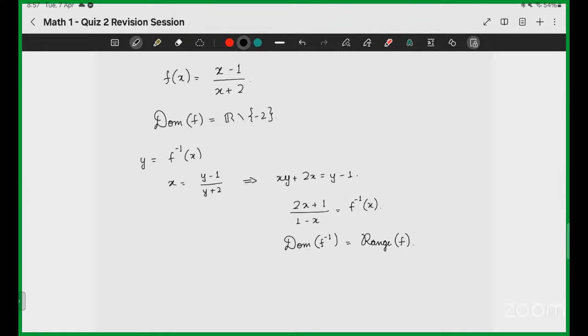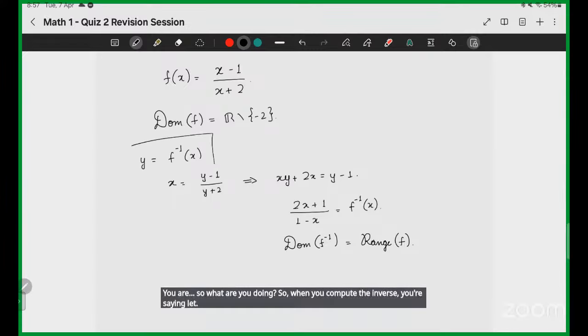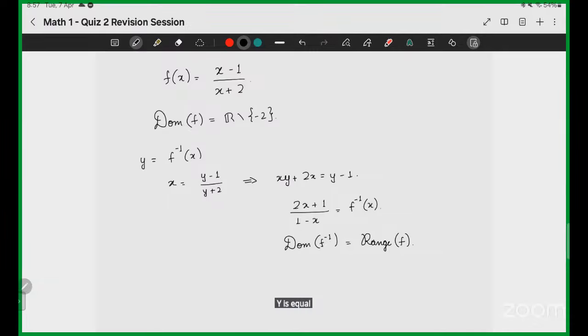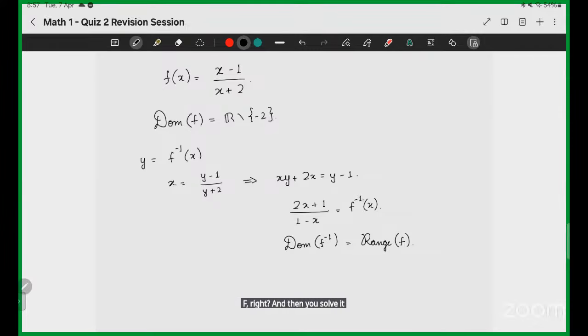Yes, you are. So what are you doing? When you compute the inverse, you're saying let y is equal to f inverse of x, which implicitly assumes x is in the range of f, right? And then you solve it and you get y is equal to something. You cannot have x equal to 1, right?